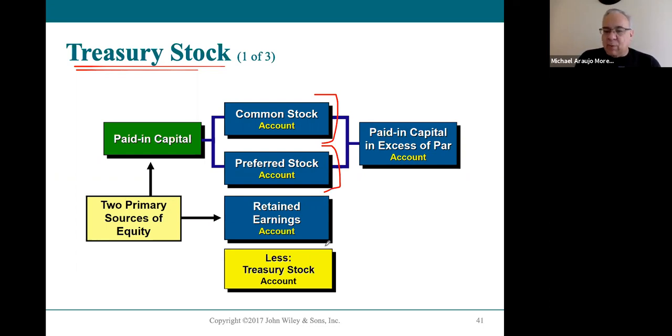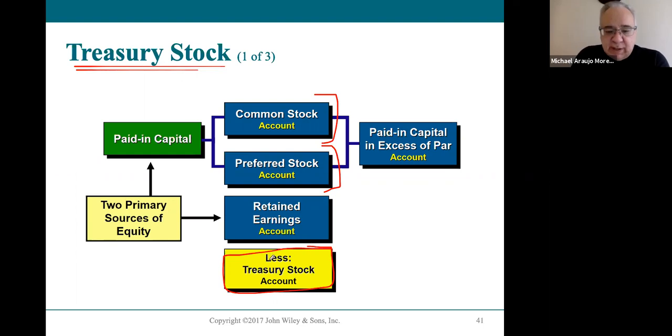All that is important. Treasury stock, the corporation forfeits all those rights. So when a corporation buys its own stock, it basically acts like it's dead stock. There are no voting rights if the corporation owns its own stock. They don't get dividends. They don't get anything.